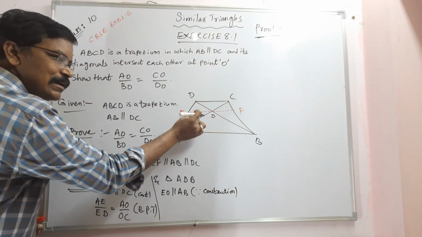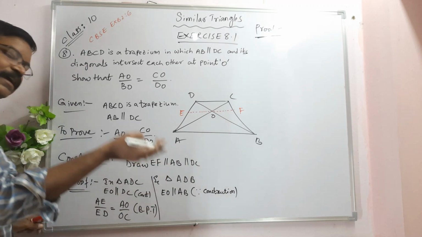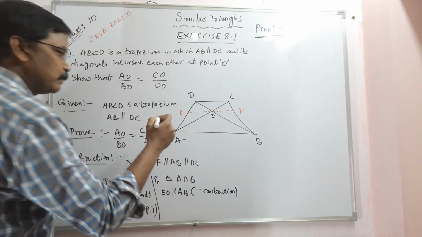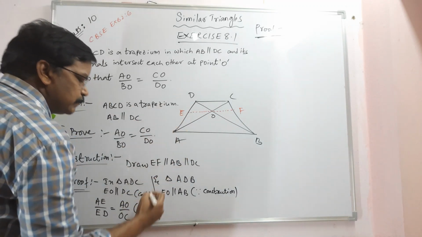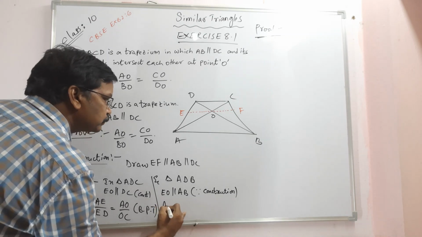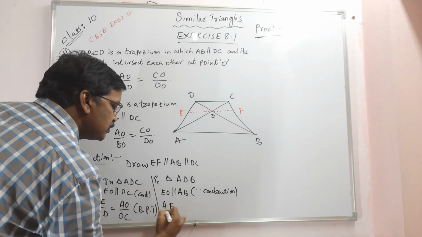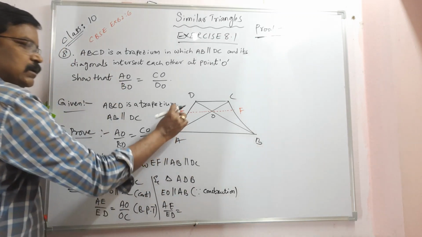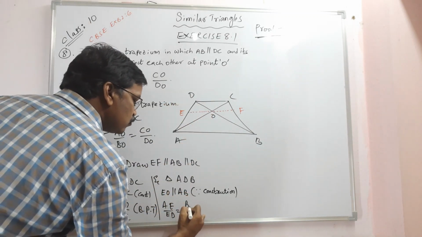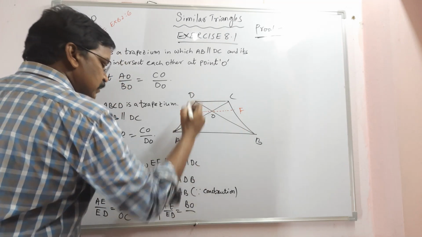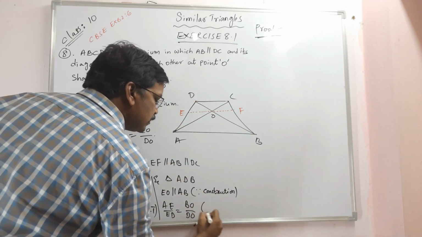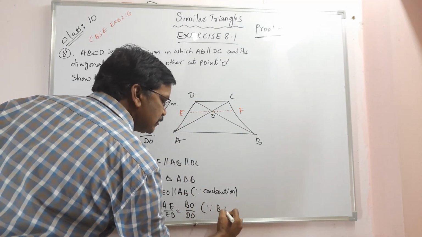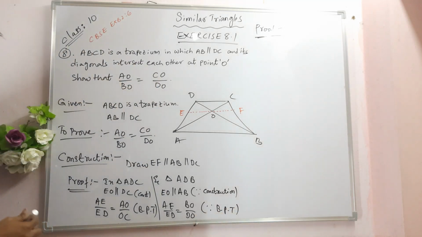Whenever a line is parallel to one side of a triangle, again the same song. Here also, AE by ED is equal to BO by DO, by the basic proportionality theorem.